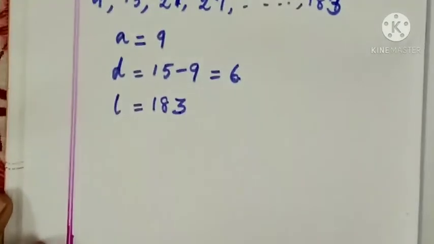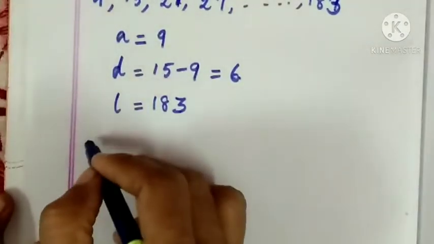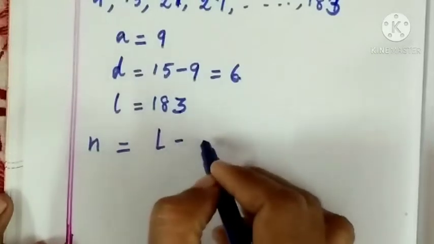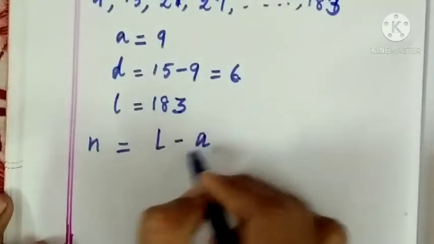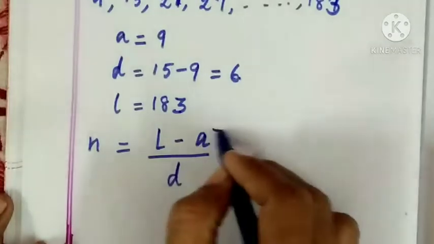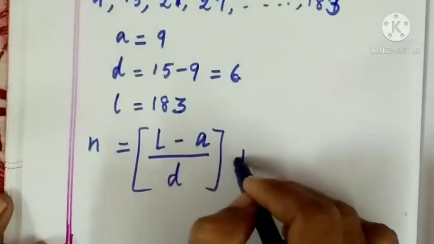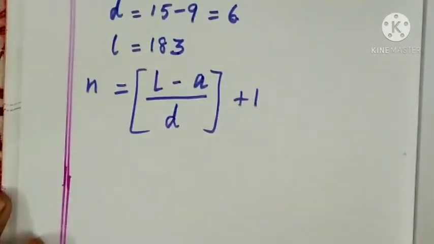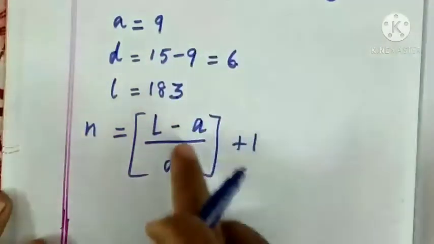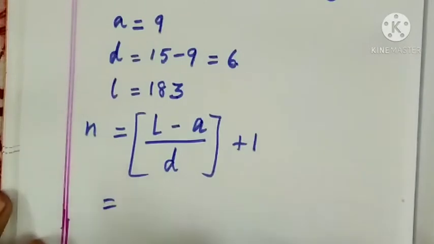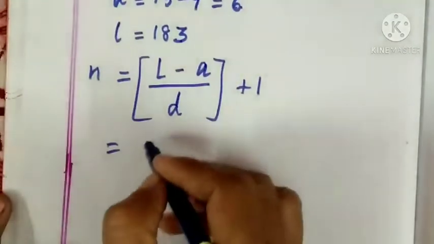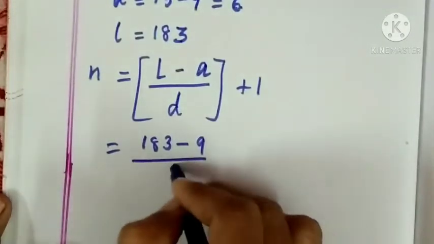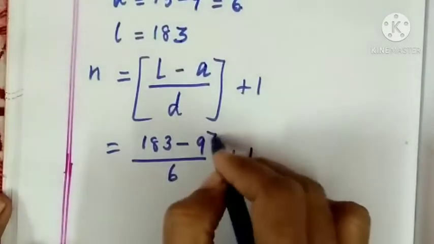Now you have to apply this in the formula. Number of terms n is equal to (last term minus first term) by common difference, plus 1. Applying these values, we get (183 minus 9) by 6, plus 1.